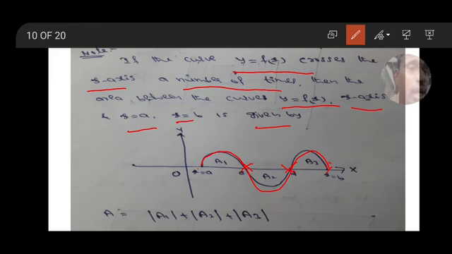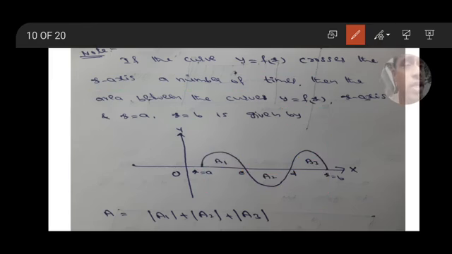How can we find the area between the curve, the x axis, and x equal to a, x equal to b? We have to find these three segments, area A1, area A2, area A3, and identify the intersection points. This is C and this is D.